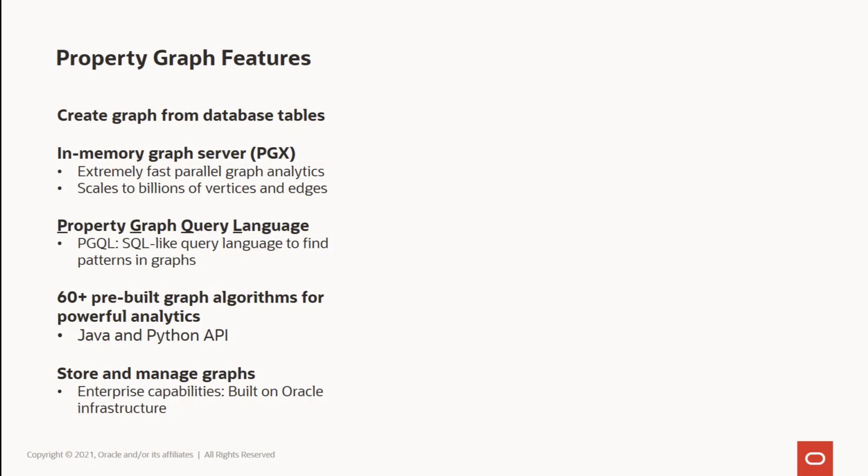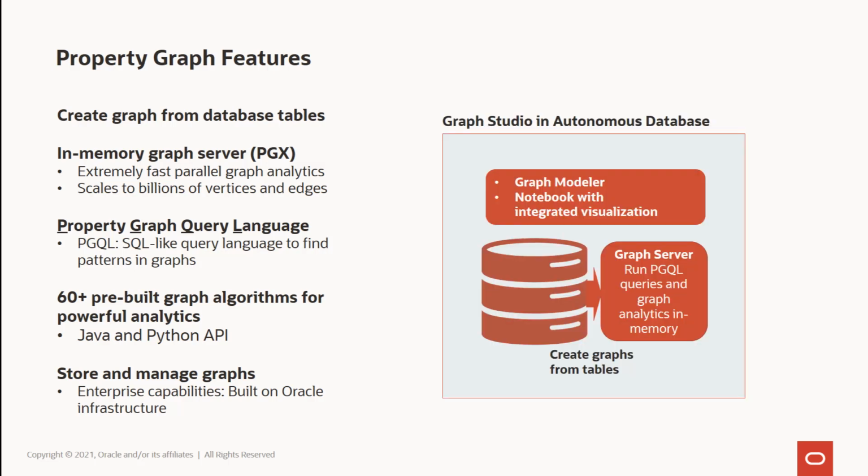You can create graphs right from your tables in Oracle Database. And you can take advantage of the in-memory graph server, which is part of the graph feature of Oracle Database, for extremely fast graph analytics and graph queries. We have published benchmarks to show that we scale to billions of vertices and edges. We support the property graph query language, a SQL-like query language to find patterns in graphs.